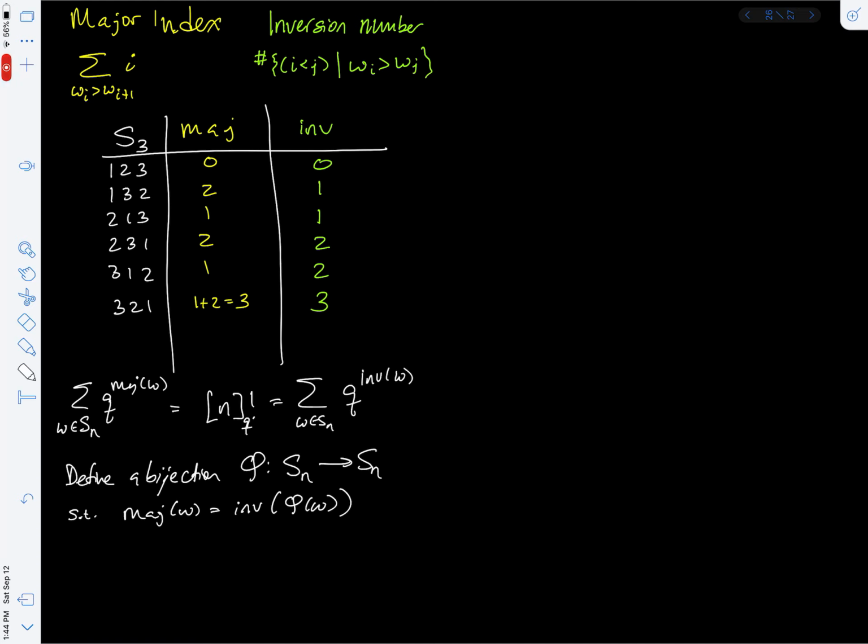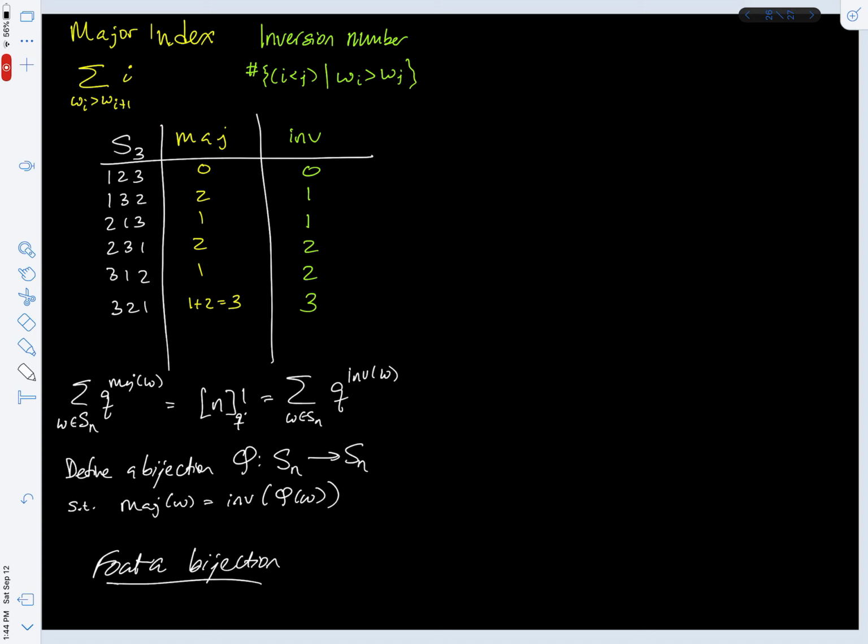In 1915 McMahon made this observation about the equality of these two distributions. And it wasn't until about 1965 that Dominic Foata answered this question. So we're going to go over Foata's bijection today, which I think is an incredibly beautiful result in enumerative combinatorics.